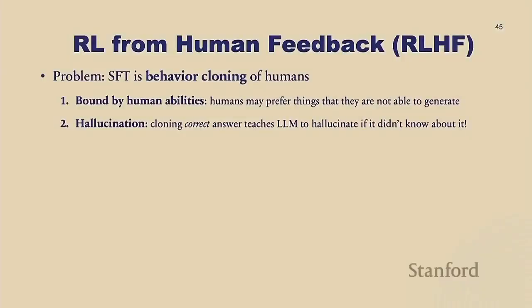Issue number 2, which I find pretty interesting, is that if you ever heard of the word hallucination, this is LLMs generating false information. People have hypothesized that hallucination can come from supervised fine-tuning, even if you do supervised fine-tuning on data that is correct.